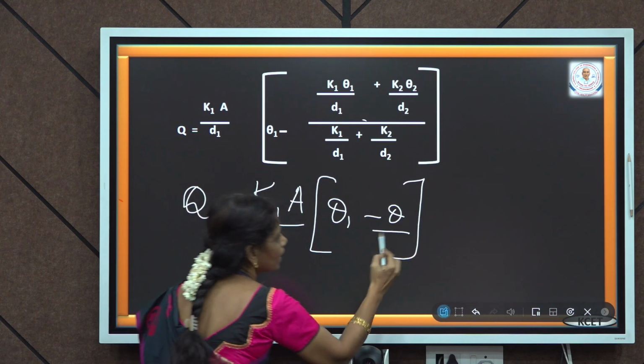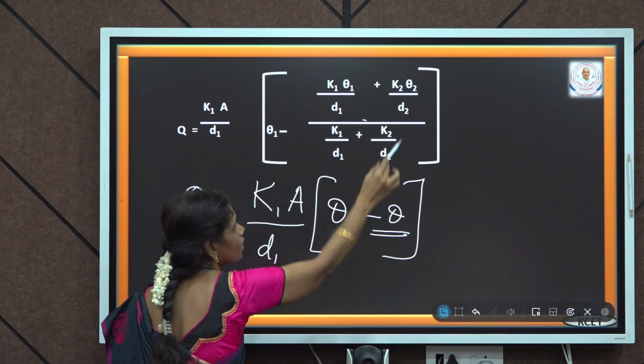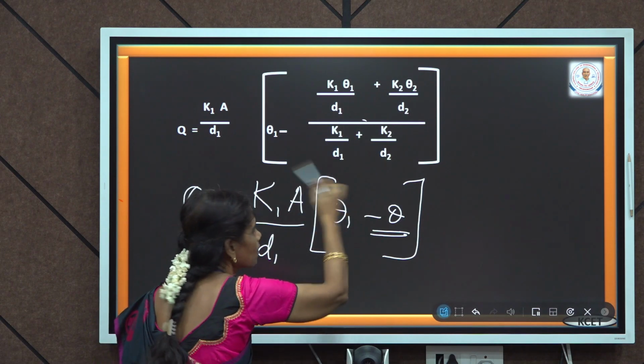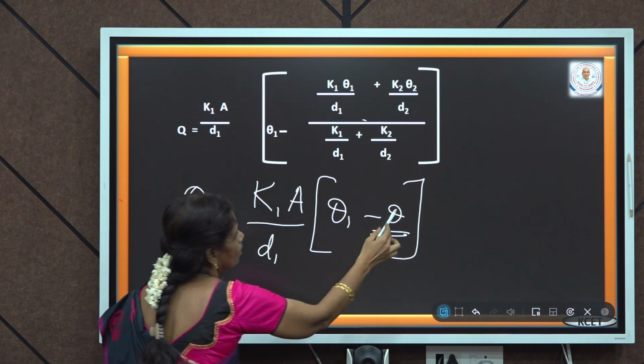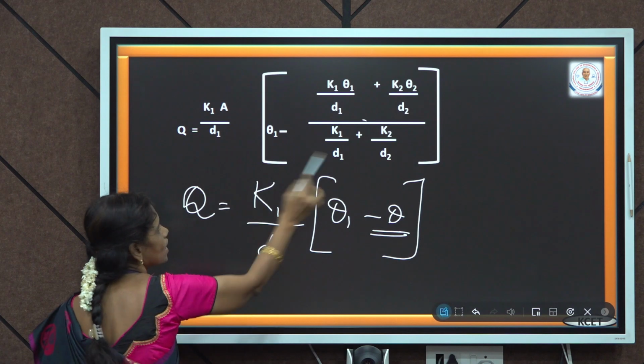So, in the place of theta, I am substituting the expression we have already derived previously. So, I am substituting the value of theta here. So, we get the equation.